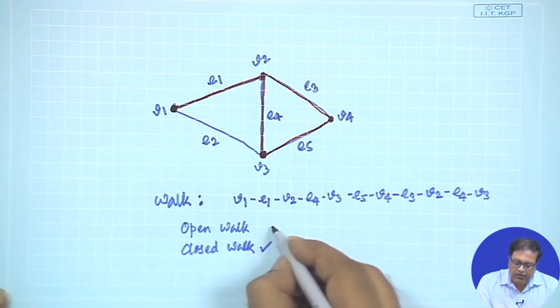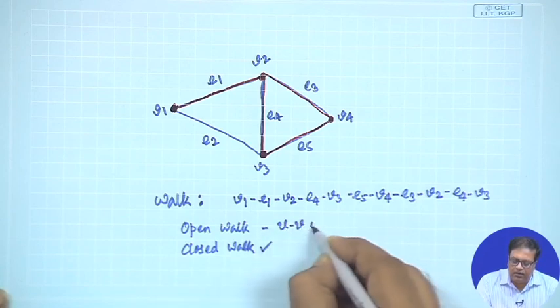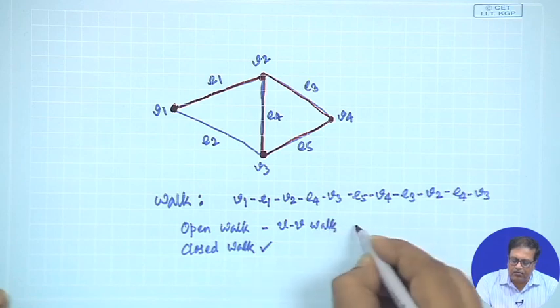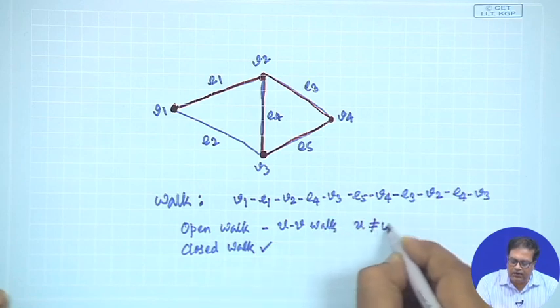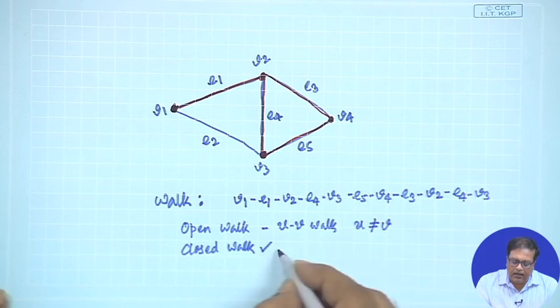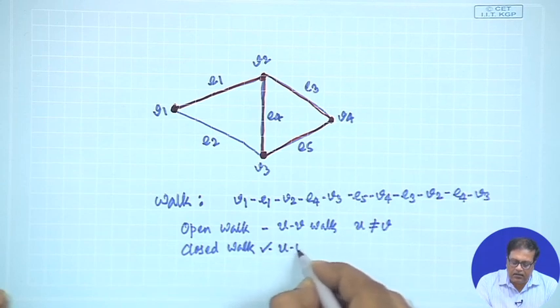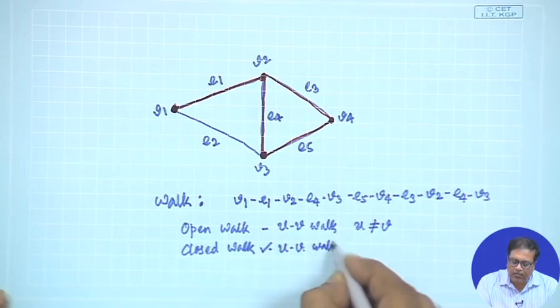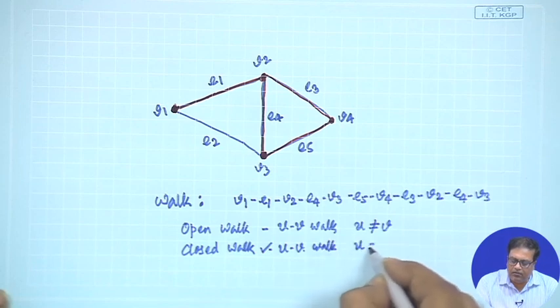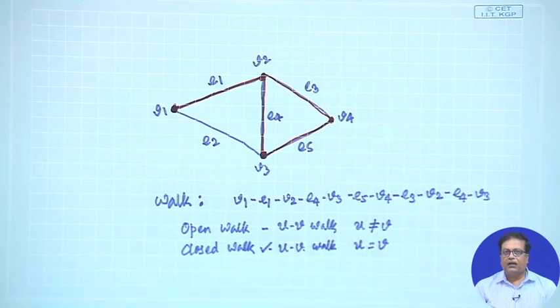A simple thing we say: an open walk is a UV walk with U not equal to V, and a closed walk is a UV walk where U is equal to V. That is the difference between open and closed walks.